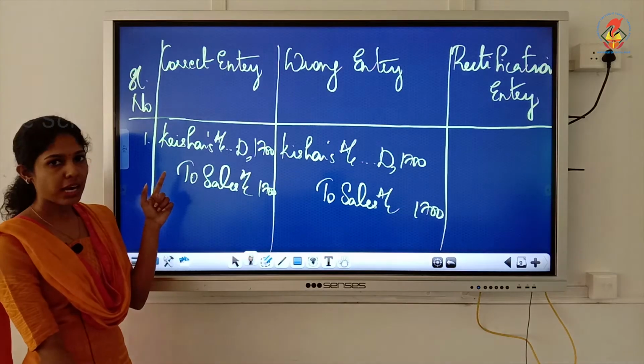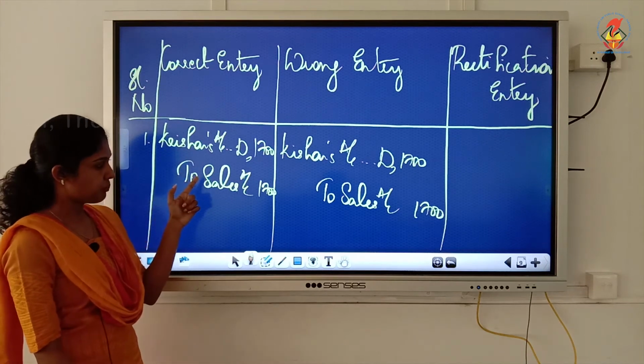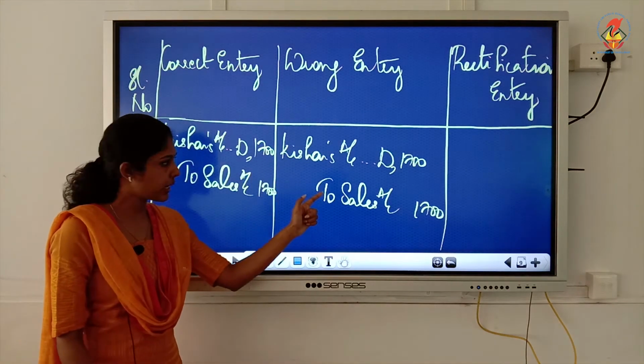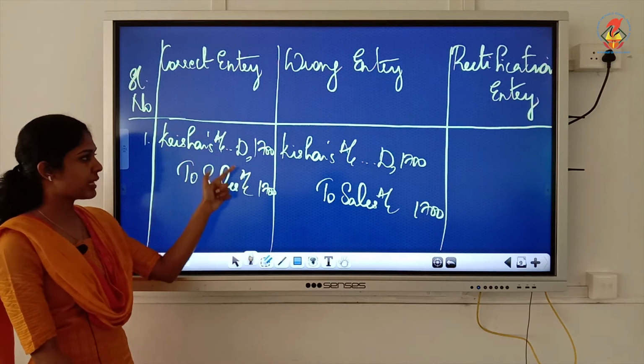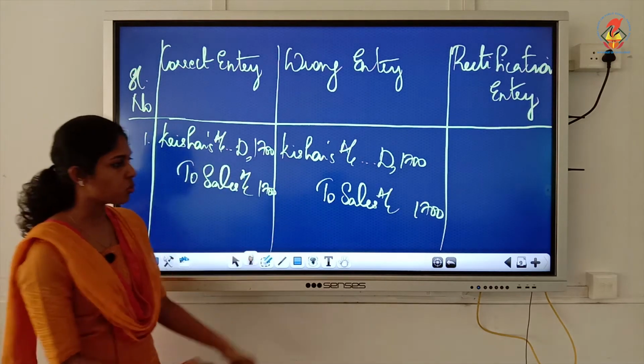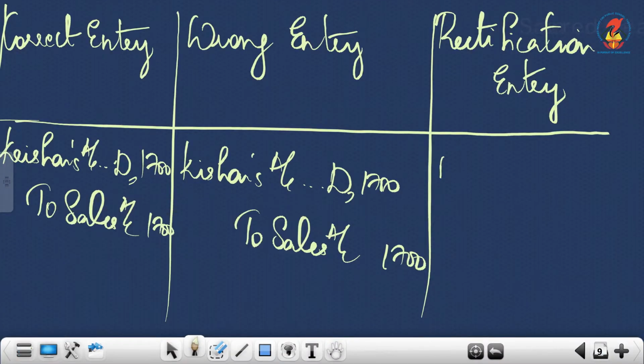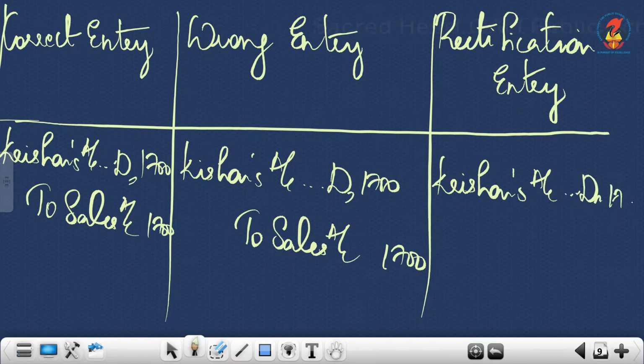So actually we had to debit with Christian, but we debited with Kishan. So the correct entry we will see Christian to be debited. Did we debit him? No. So we will debit now. So debit Christian now with the amount is 1,700, the same we will write.